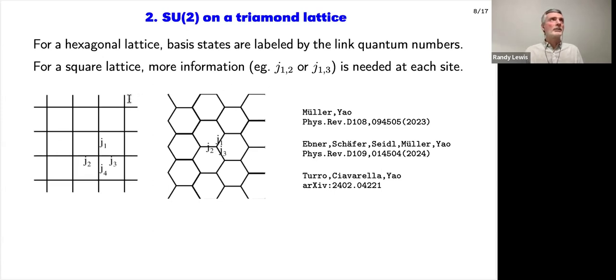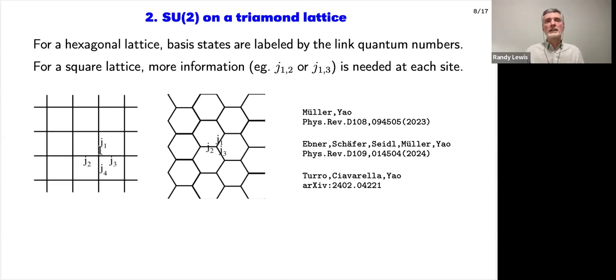If one were going to do physics in 2 dimensions, it might seem natural to write down a square lattice, and it is in many ways, and this is often very convenient. At any site on the square lattice, there are 4 gauge links touching the site, and they can be labeled by their quantum numbers, J1, J2, J3, and J4, for example, in SU2 gauge theory.